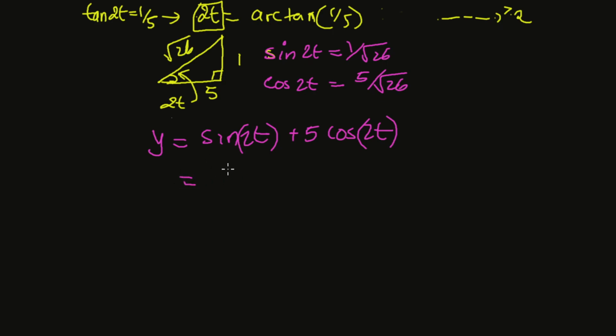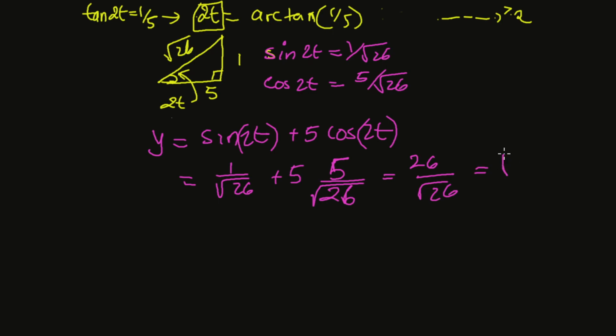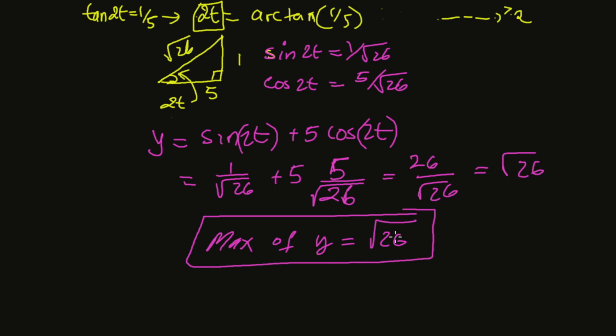So sine of 2t now I know is 1 over square root of 26, plus 5 over square root of 26 for cosine of 2t, so 1 plus 25 is 26 over square root of 26, which is square root of 26. So the max of y is that square root of 26. And that's how you find the exact solution.